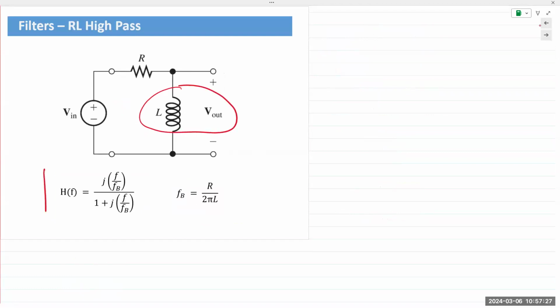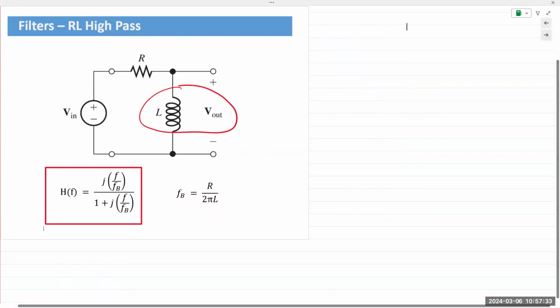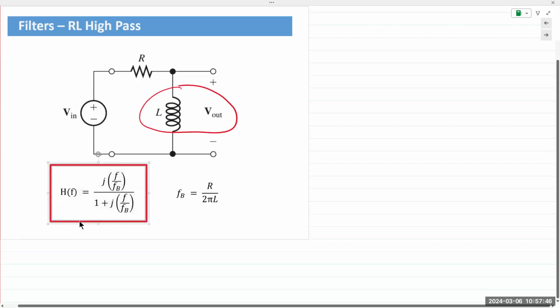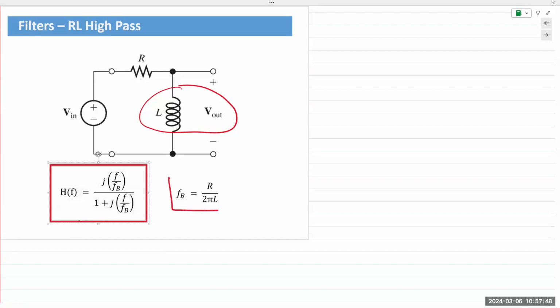The transfer function is exactly the same as for an RC high pass filter: j F over FB. And then FB remains the same as for the RL filter, FB is equal to R over 2 pi L.